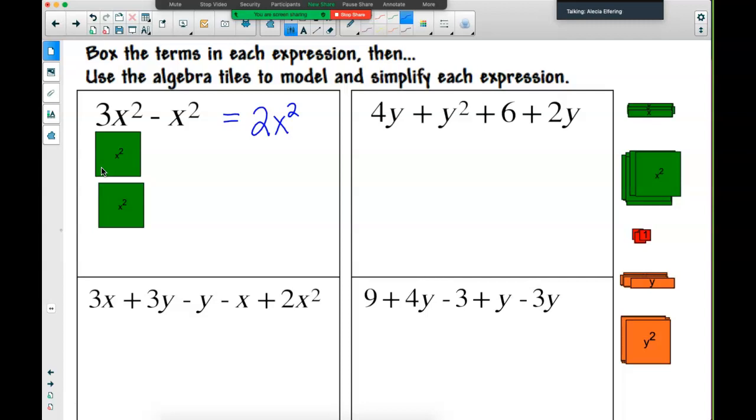Okay, we're just going to work our way through the problem from left to right. So how would I show 4 y's? 4 y's, that simple. So on your paper, beneath the 4y, I want you to put y, y, y, y. You don't have to draw the boxes, but just put 4 y's beneath it.